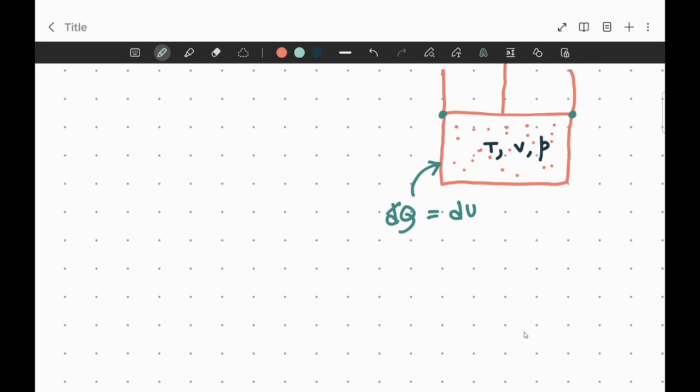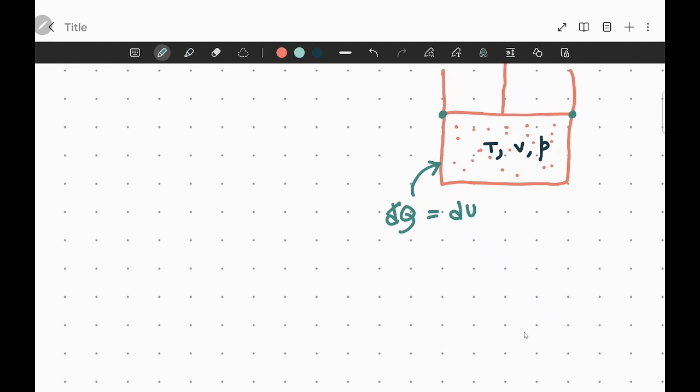What does it mean? You are giving heat, and that heat directly increases the internal energy. What is the internal energy? You know that the average E was kB T squared dlnQ by dT, or del ln Q by del beta. So temperature is directly related to the average internal energy.